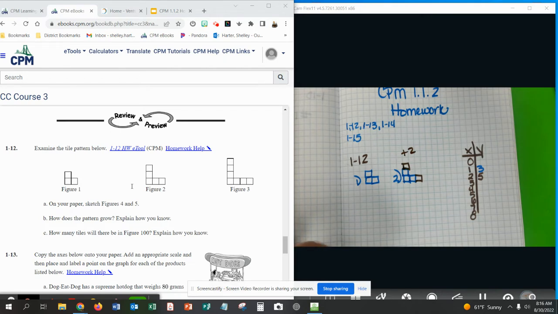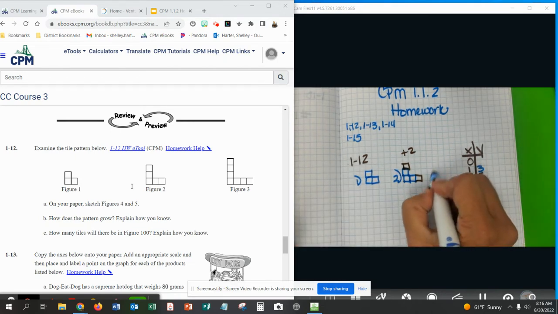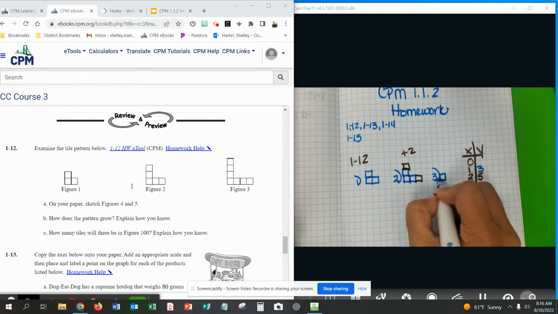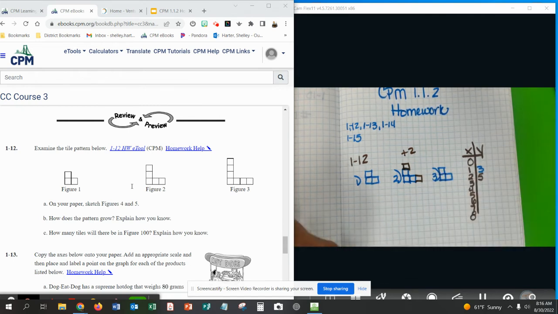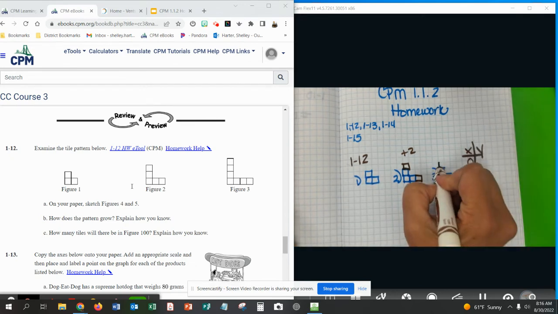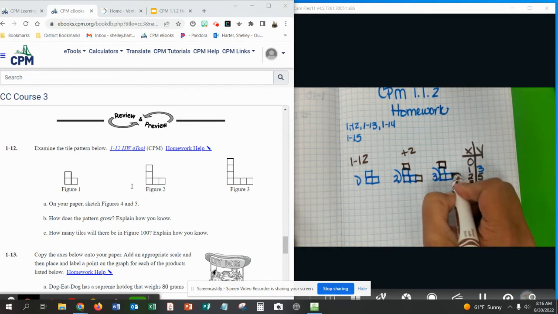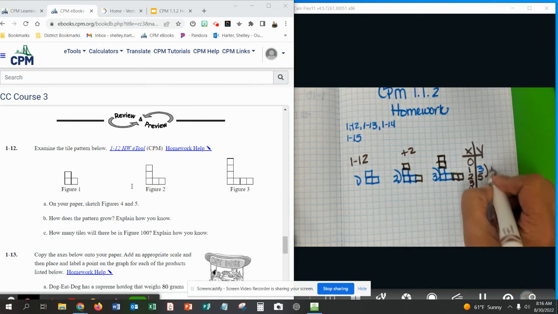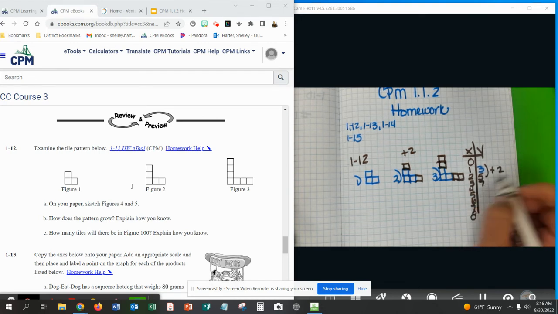Okay, and then figure 3 is the same situation. You've got the initial 1, 2, 3, and then you're adding 2 more on each end. I think you're seeing how this is going. The pattern is going up by 2s. So this is going to be 7.